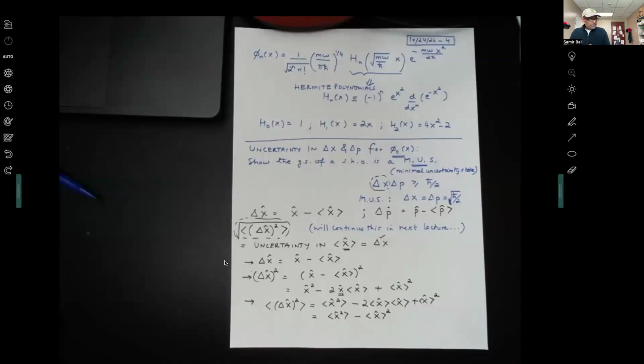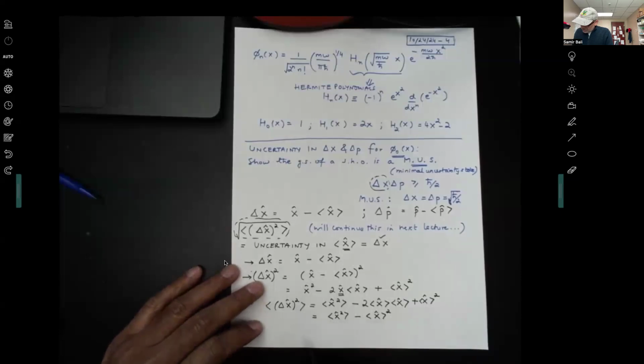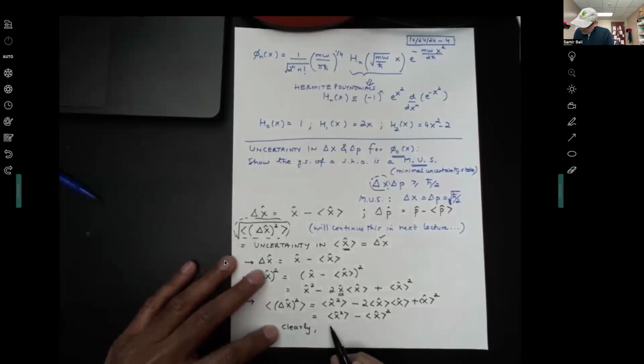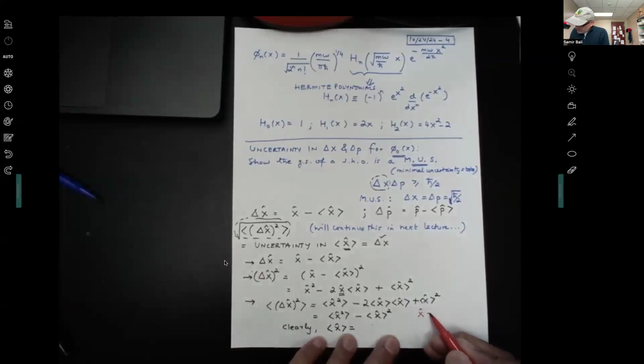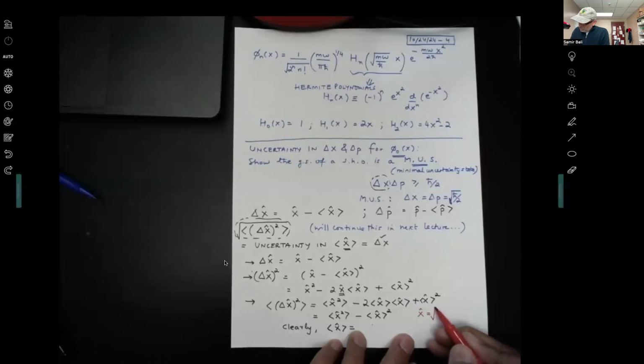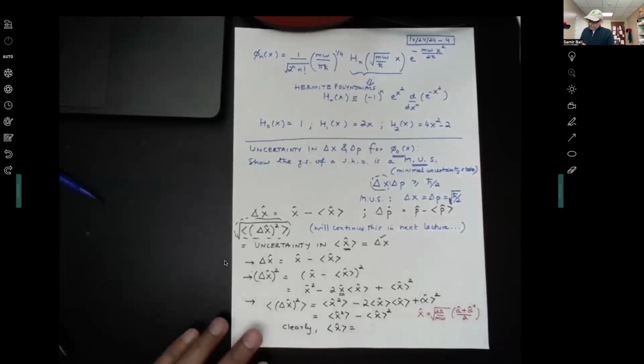And now I can try to see what these would be. Well, clearly, the expectation value of x is just, we'll see that it's 0 because remember, the operator x in a previous slide, we know that it is written in terms of the a and a dagger like that, right?